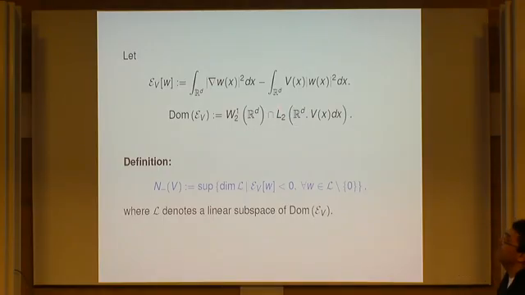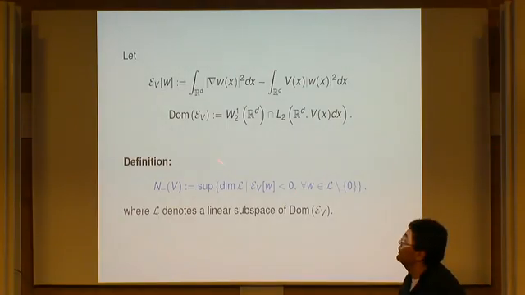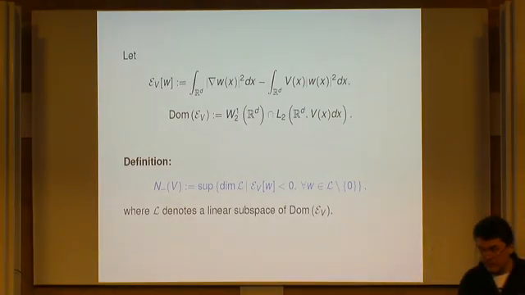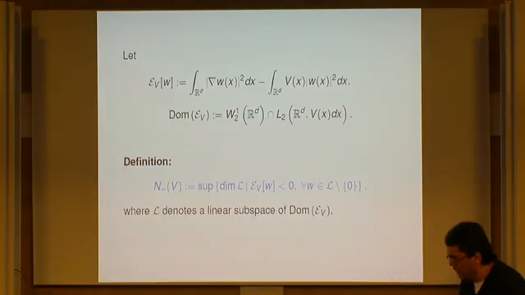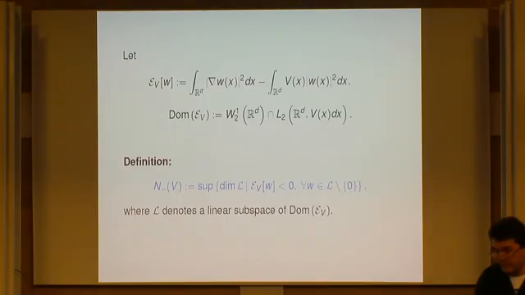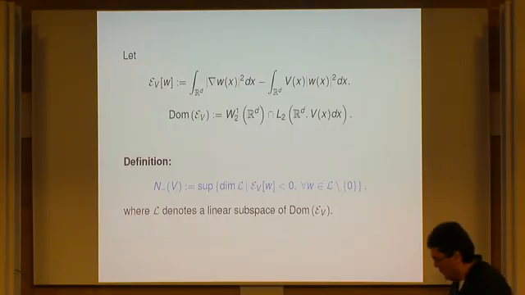We take this domain, which means that both integrals are finite, and you look at those subspaces in the domain on which this quadratic form is negative everywhere apart from 0, obviously. So you look at all such subspaces and look at the dimensions, and the maximum dimension is the number of negative eigenvalues. If your operator is self-adjoint, then this is indeed the number of negative eigenvalues, provided this number is finite.